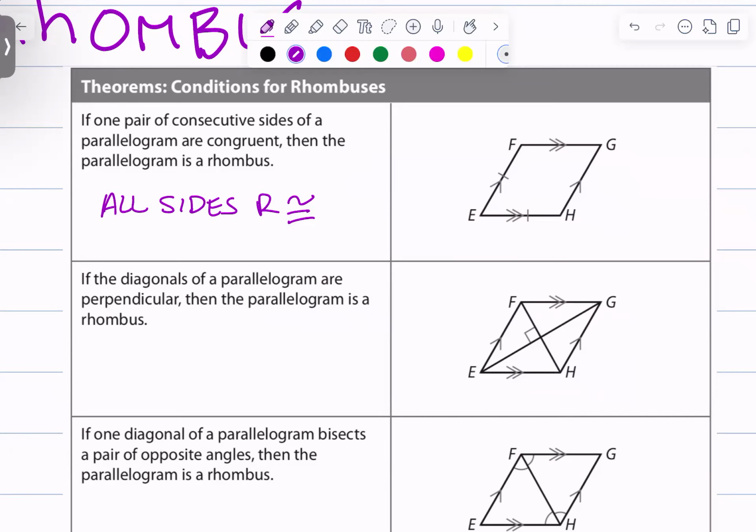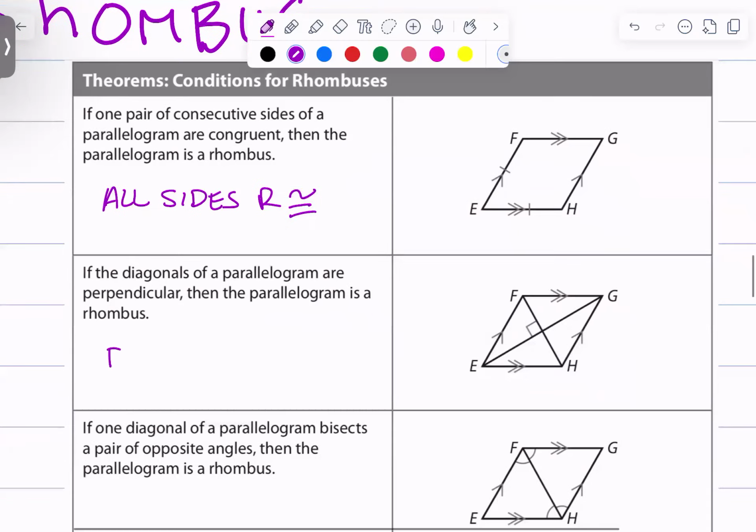If the diagonals are perpendicular, so this one is the diagonals are perpendicular, then it's a rhombus.